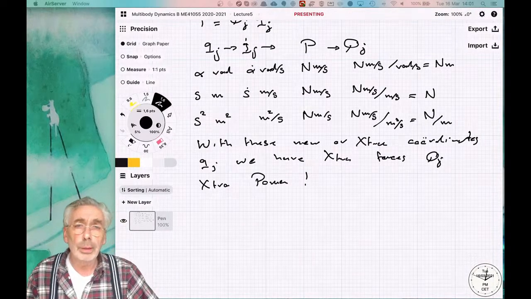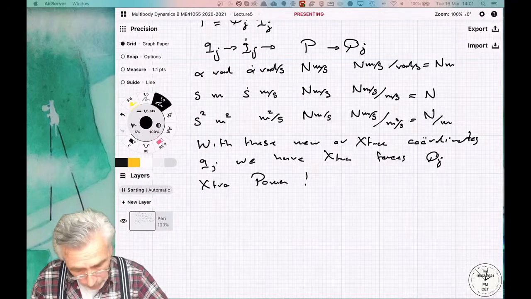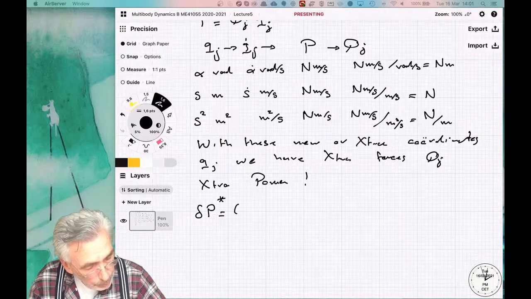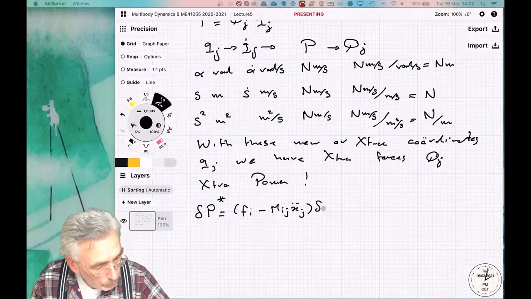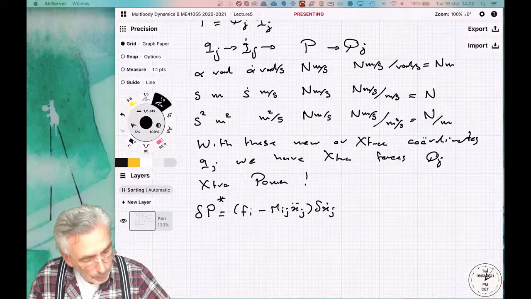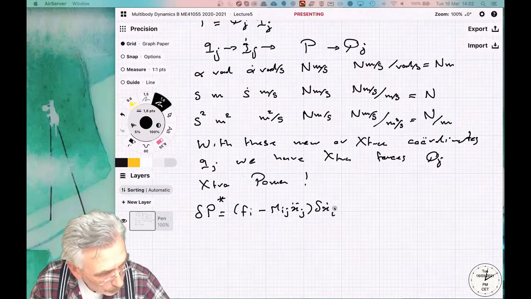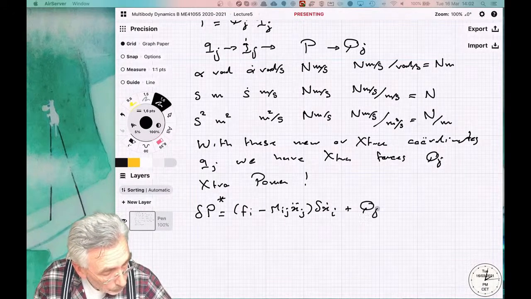Meaning that we have to enlarge our virtual power expression. So in the end now we get delta P, and I put a star there, which is our original one, M_ij x double dot j, virtual velocities i, and now we have to add the virtual power of these generalized forces.